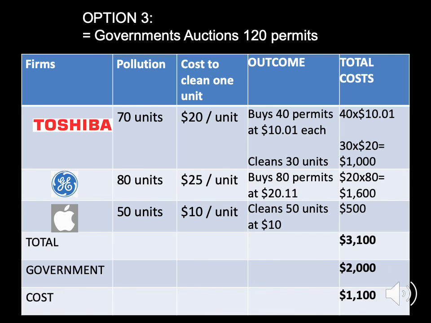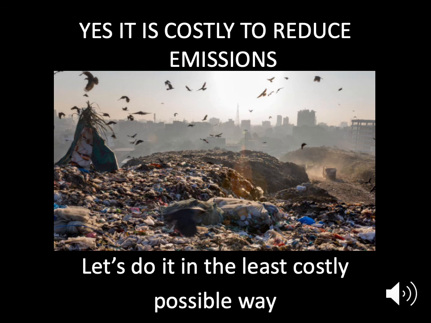And this also tells us something very important. Once a government or an entity has decided to reduce emissions, reducing emissions is costly. Of course, it has to be costly. Nothing that entails these sorts of damages will be for free. If you need to reduce emissions, it will be costly. Now, the challenge would be to do it in the least costly possible way.